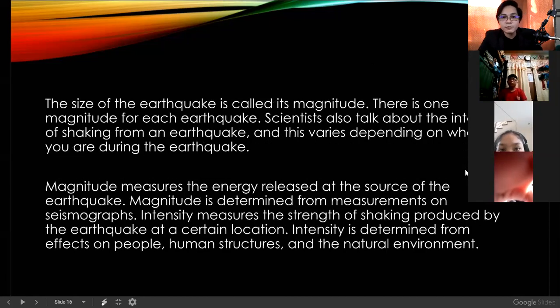The size of the earthquake is called its magnitude. Take note. Again, the size of the earthquake is called magnitude.